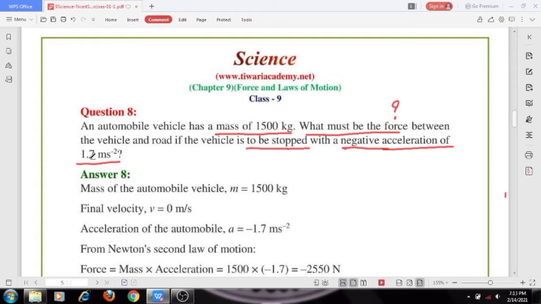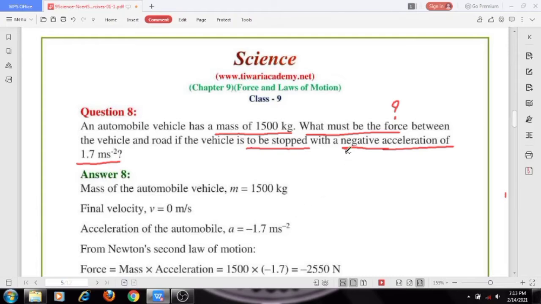Whenever the acceleration shows a negative value, it shows that the vehicle is stopping. If we get a positive sign, it indicates the acceleration is towards motion. Clear?